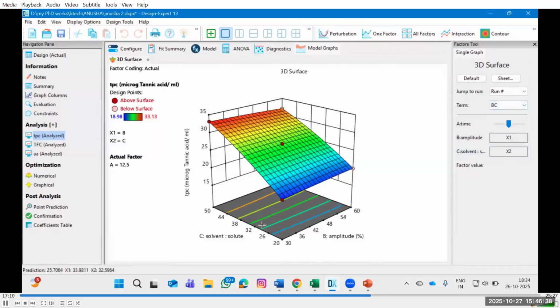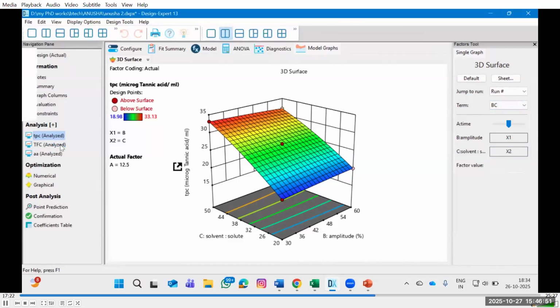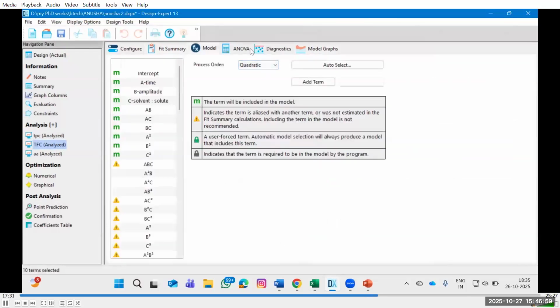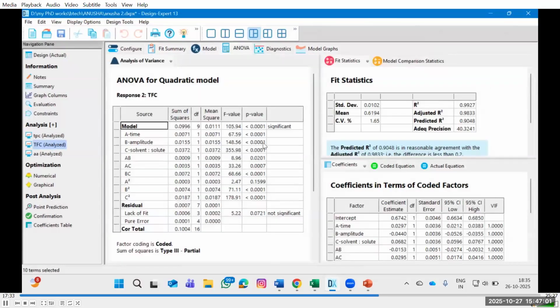In BC also, we can see that the amplitude has no effect, but while the solvent to solute ratio is increased, the TPC is increased to the maximum value. Similarly, we can see this for the TPC. The quadratic equation will be suggested. Then we'll go for the model. The model has to be quadratic. It has said that the model is significant.